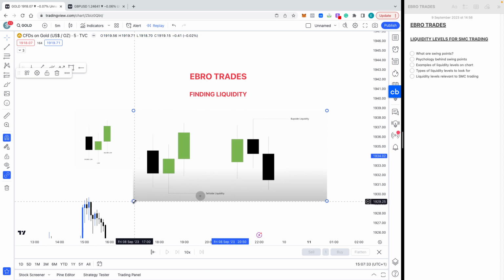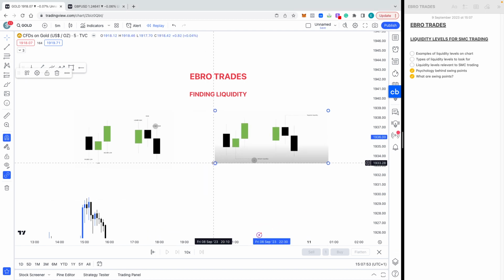A lot of the time, we time our trades or take our positions in line with where the relevant liquidity levels are. So we've covered what swing points are, we've covered the psychology behind liquidity at swing points, and now we'll move straight on to examples of liquidity levels on the chart.